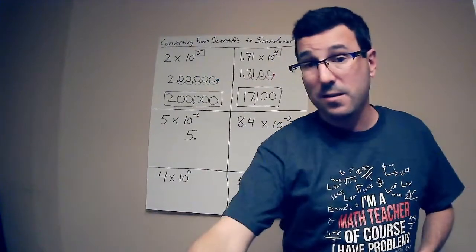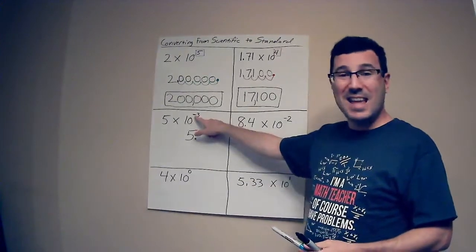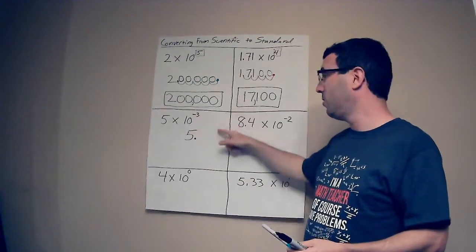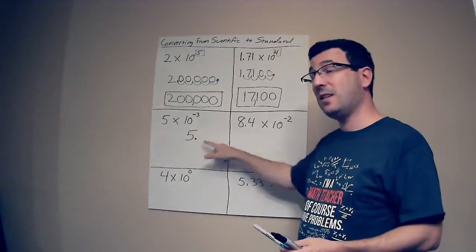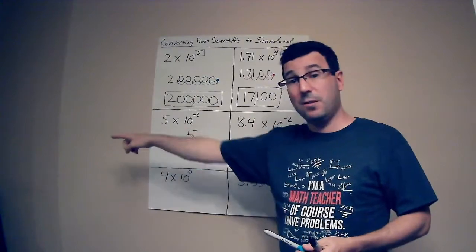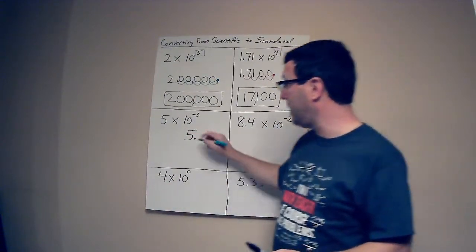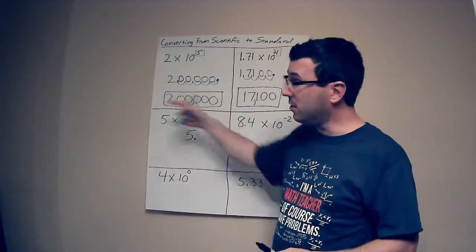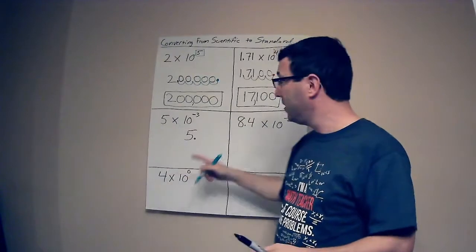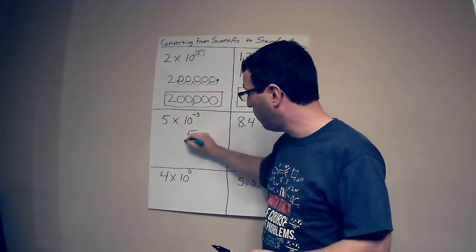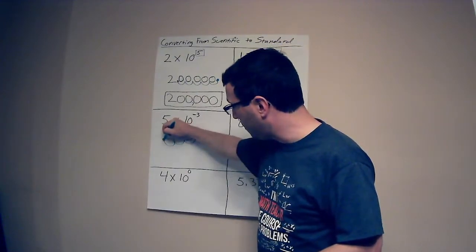Then we need to move it. This is a negative exponent, so in order to write this number properly, I have to move that decimal to the left because I need to make it smaller. I'm going to move this decimal 3 places to the left. You'll notice the negative is on the left-hand side, so I move it 1, 2, 3. So my decimal is going to go there.